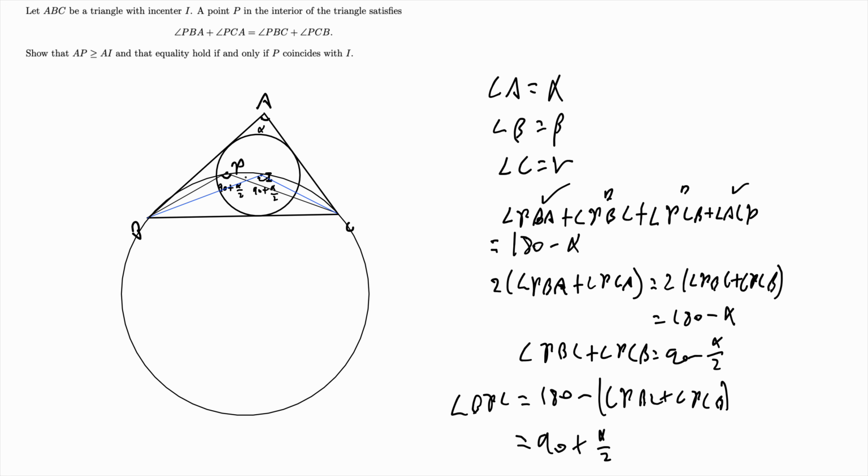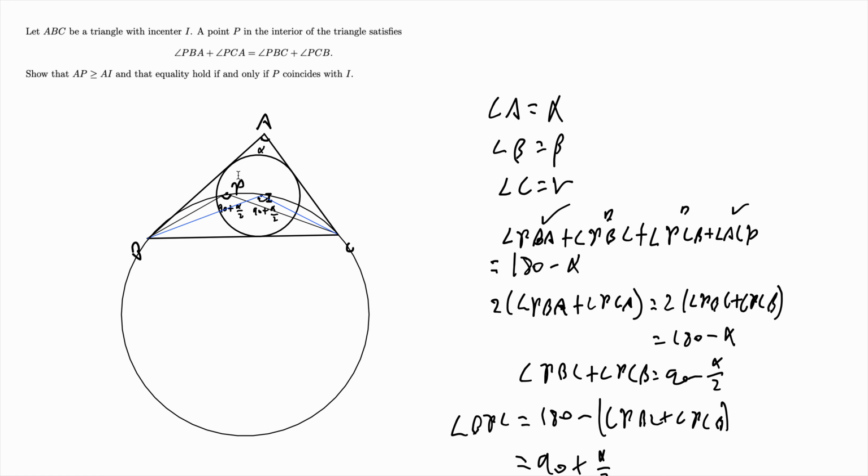But we know that quadrilateral BCIP is cyclic. Okay, now we have a circle, but how can we use this circle? We want to prove that AP is greater than AI, and P and I are both on the circle.